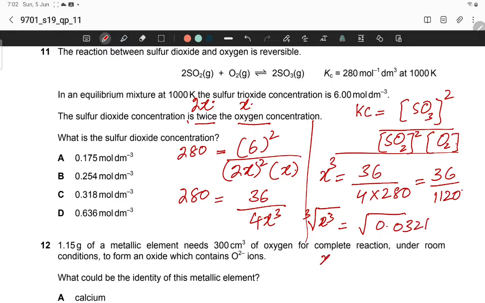So x is equal to 0.3178, that is oxygen, and 2x is equal to 0.636, that is sulfur dioxide. So what is the sulfur dioxide concentration? The option is D.